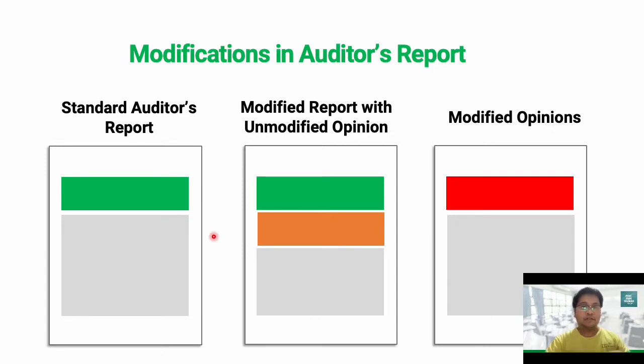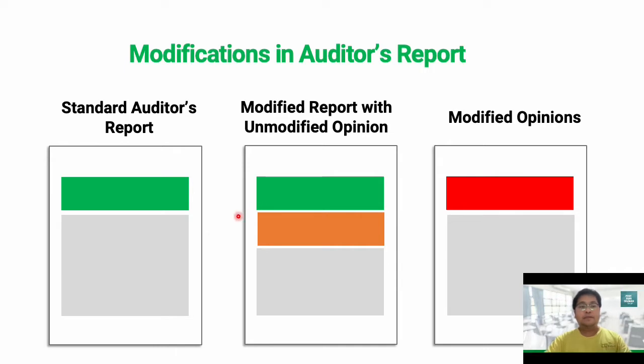Meaning the auditor's report containing unmodified opinion for one client will look very much the same to another client where the auditor also issued an unmodified or unqualified opinion. However, nowadays, because of the inclusion of key audit matter paragraph, even if the auditor issues unmodified or unqualified opinion, the content of the auditor's report from one client to another could be different or could vary, because of the key audit matter paragraph.